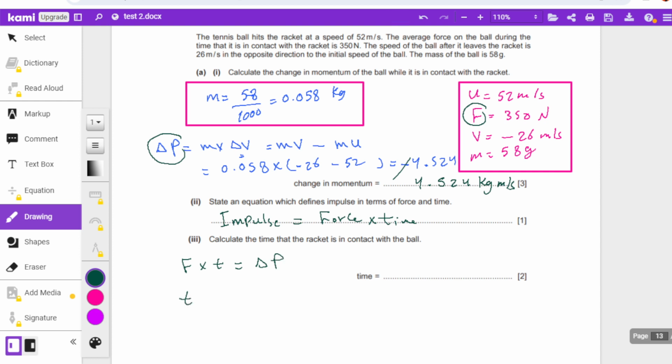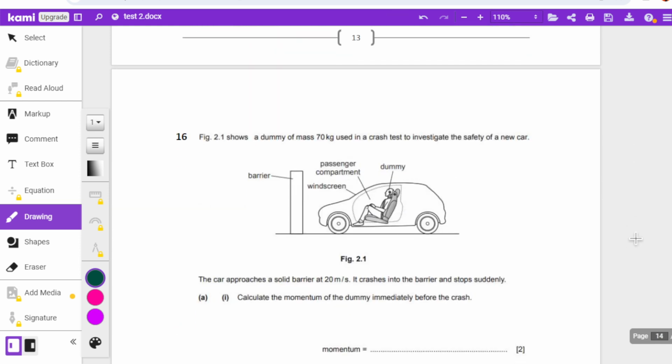To find time, you divide change in momentum over force, so it will be 4.524 divided by the force, which is 350 Newton. So time will equal 0.013 seconds. Okay.